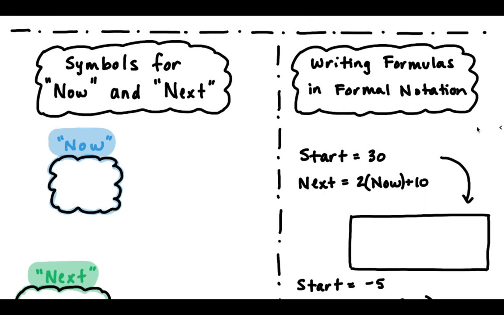The symbol for the now term, or the current term, is going to be u sub n. And what this means is the subscript n, that's the term number, so this means it's the nth term. And if I don't specify what n is, then this is just referring to any random term in the sequence.